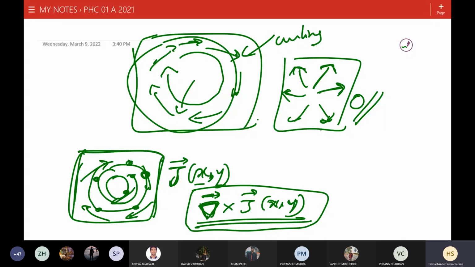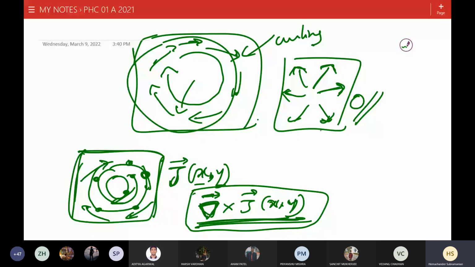This isolates the circulating current and leaves out the current that goes in and comes out, the current that diverges. It leaves out all the other current and only takes into account the circulating current. It quantifies the circulation. Do you understand that?